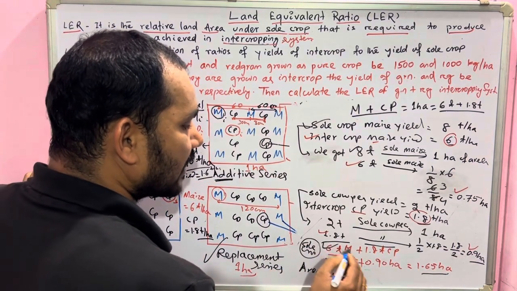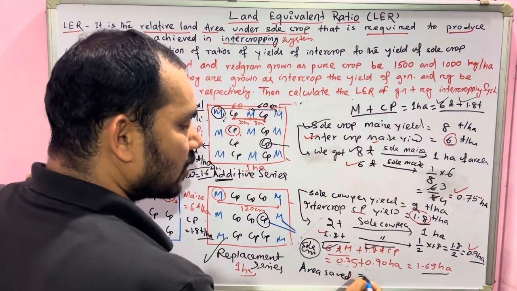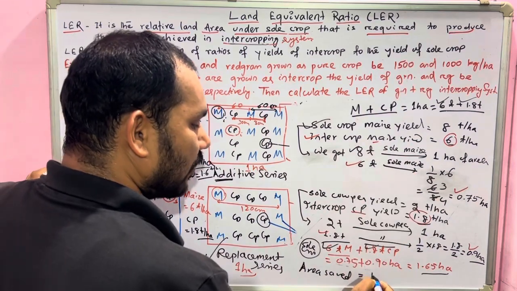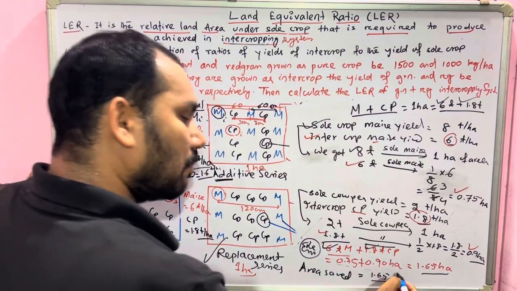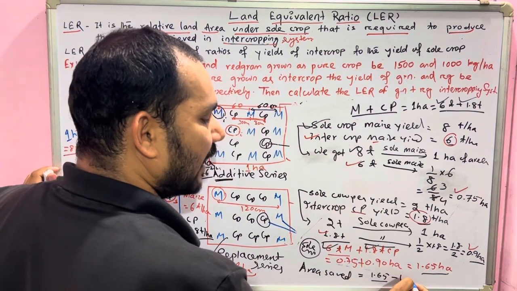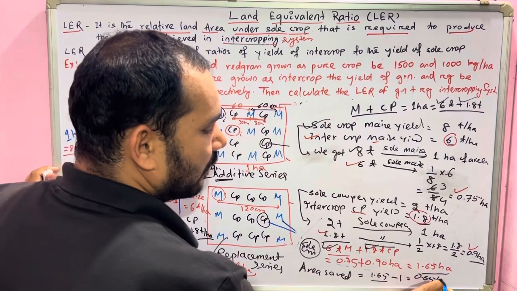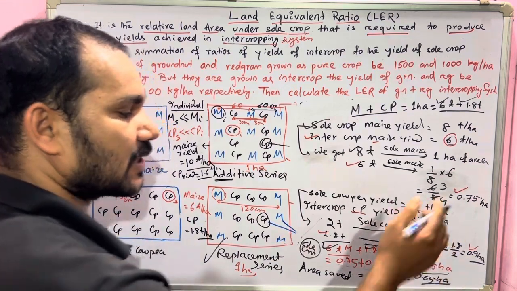In order to produce the same amount of yield, if it is sole crop, this much area I require, but normally I have produced from 1 hectare of land by means of intercropping. So area saved is 0.65 hectare. Sir, 0.65 hectare is saved.